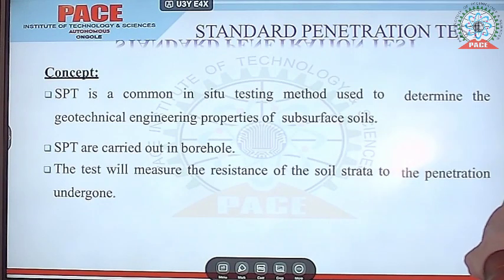The SPT is a common in situ test method used to determine the geotechnical engineering properties of subsurface soils below the surface. We can get all the information on the engineering properties.